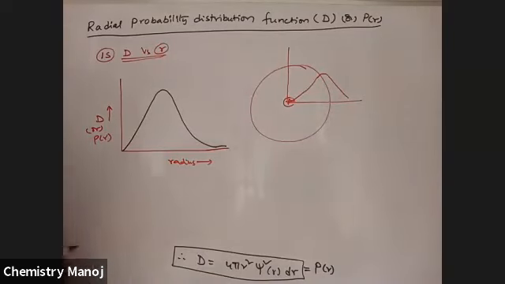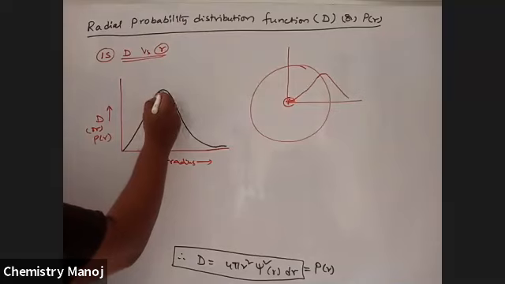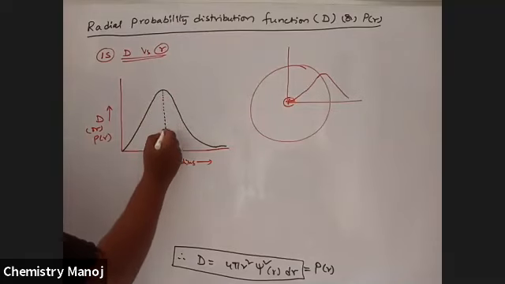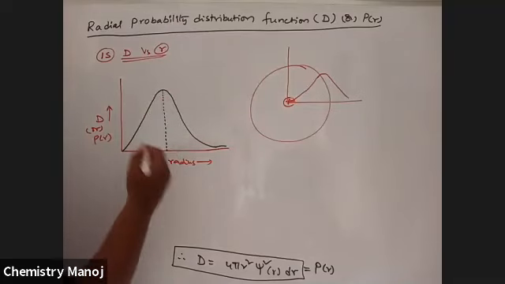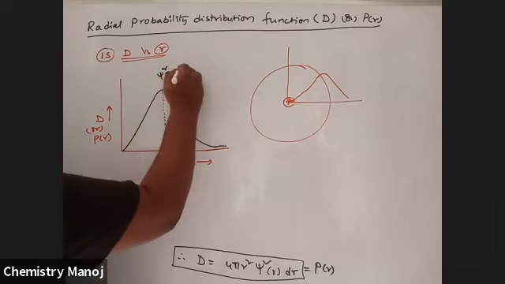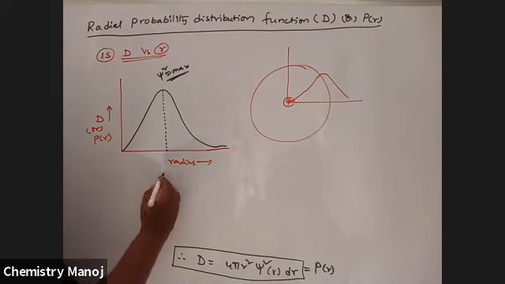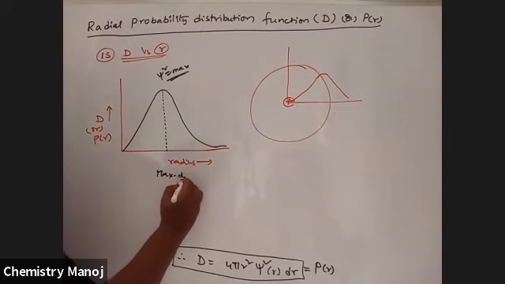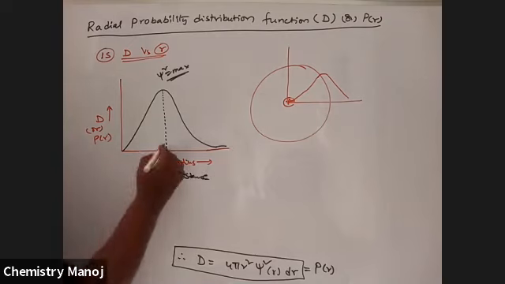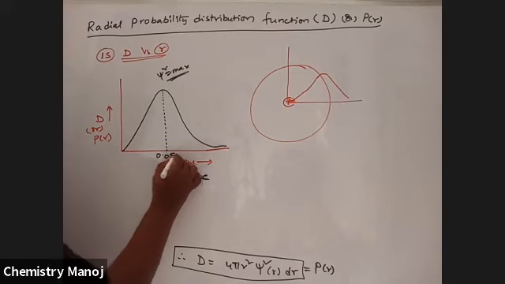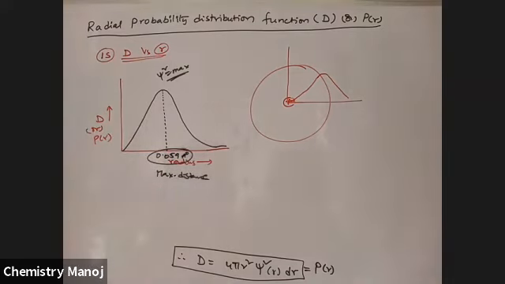Now, this is the maximum distance, where the maximum density is, that is where chi square is maximum. This distance for the 1s orbital is 0.059 angstroms.